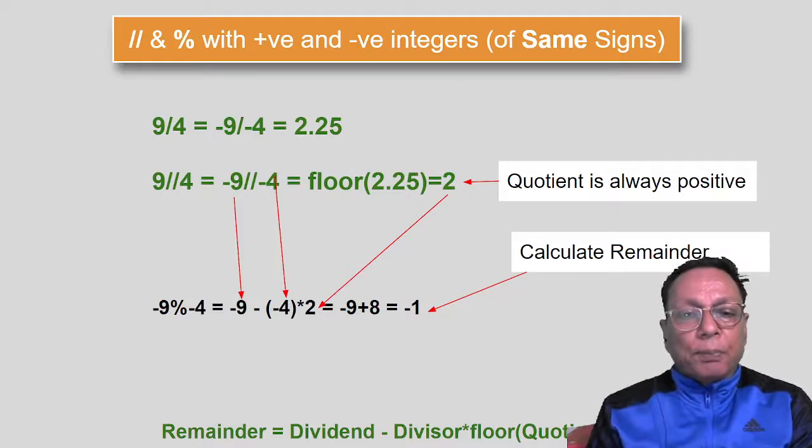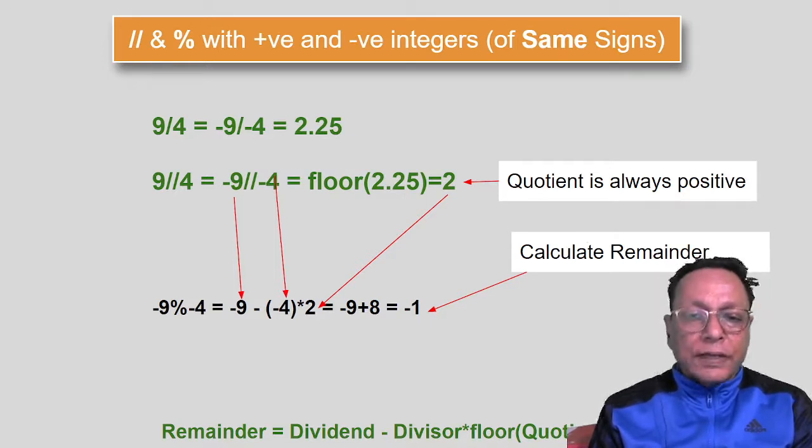So this way, minus 9 is the dividend, minus 4 is the divisor, multiplied by the floor quotient. This is 2.